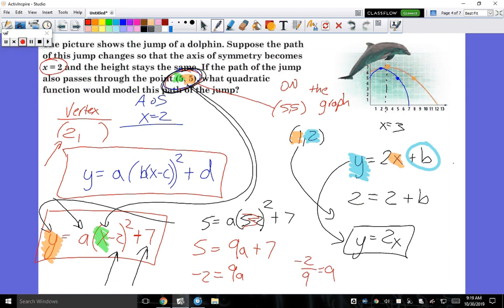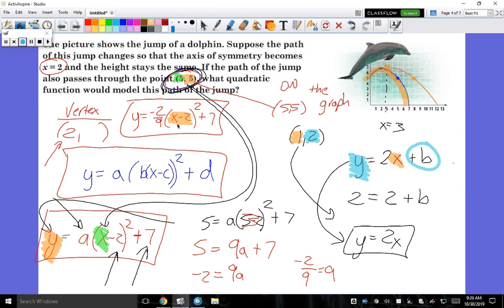So this final equation could look something like y is equal to negative 2/9 times (x minus 2) squared plus 7. You with me? So this graph that we have, the new one right here, does it look like it was shifted 2 to the right from the origin?